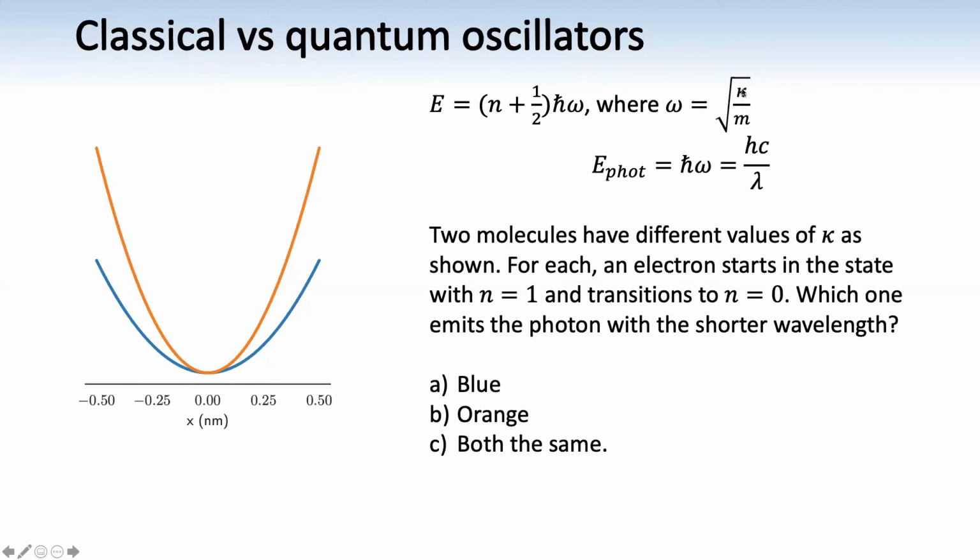And the shorter wavelength corresponds to the higher frequency. Higher frequency corresponds to higher kappa. Higher kappa corresponds to a sharper rise in the 1/2 kappa x squared. So this orange one has the shorter wavelength.